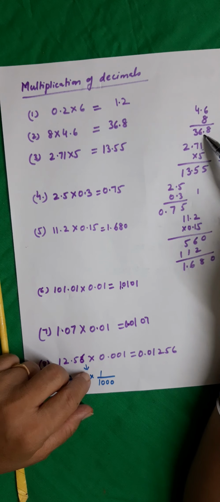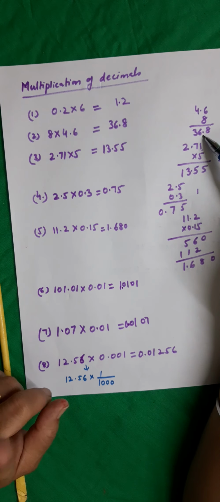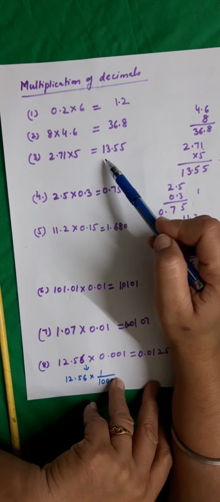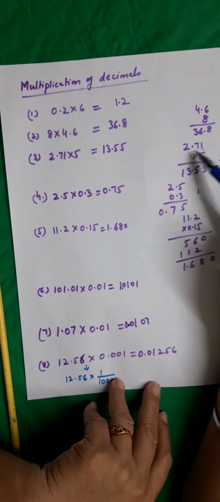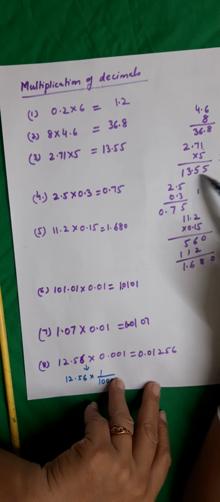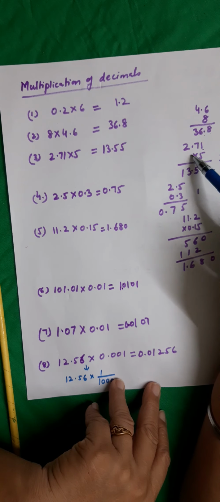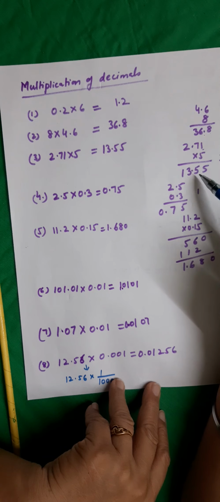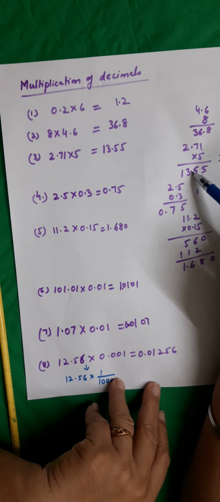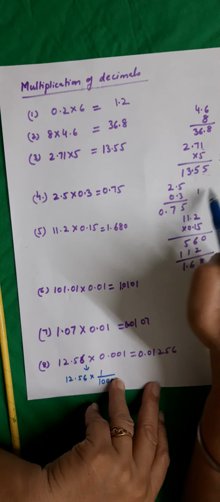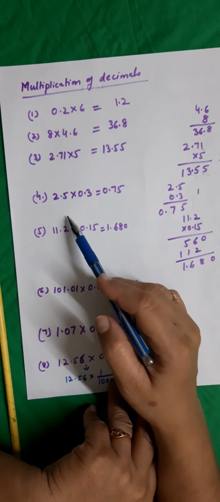So I will put a decimal before one digit. 271 into 5 is equal to, for this again multiply simply. 5 ones are 5, 5 sevens are 35, 5 twos are 10 and 3 is 13. How many digits are there after the decimal? 1, 2. So here also I will put 2 digits after the decimal, means the decimal will be put before 2 digits.